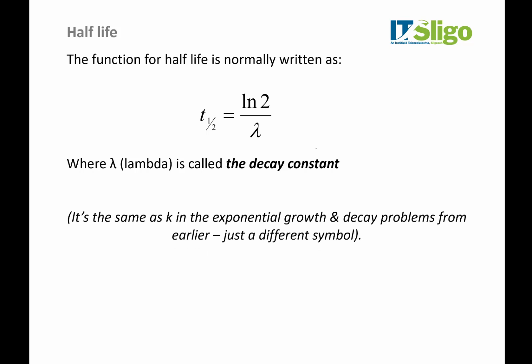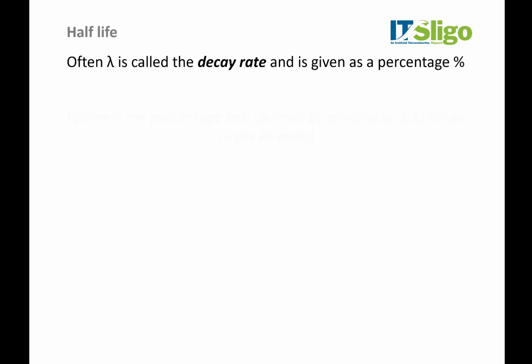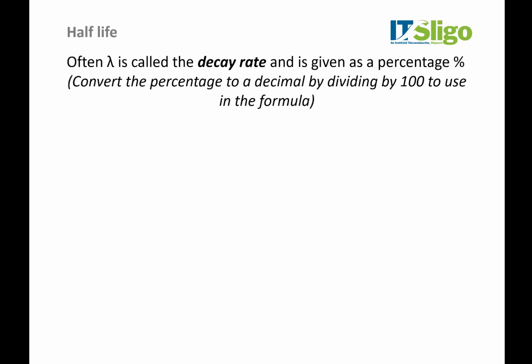So very often they will talk of the decay constant, and that's your lambda or your k value. When it's called the decay rate, often it's given as a percentage, and to find k or lambda, you have to divide by 100 in order to use it in your formula.